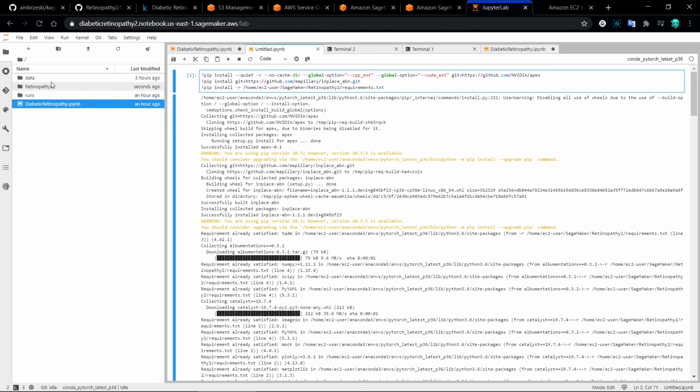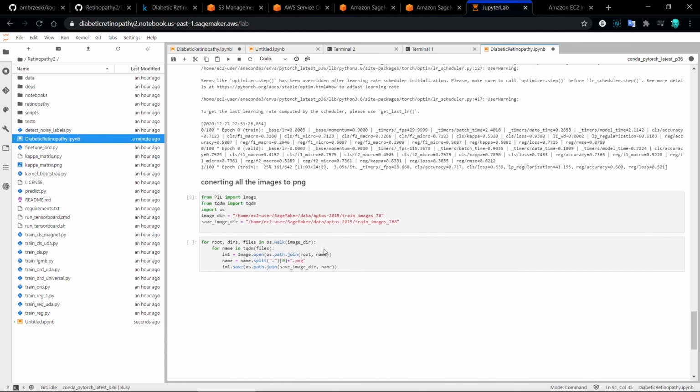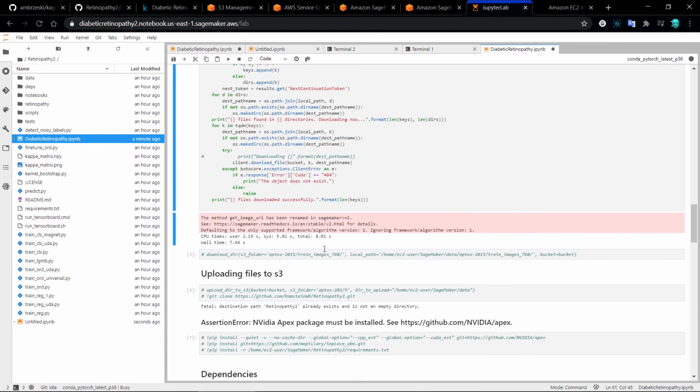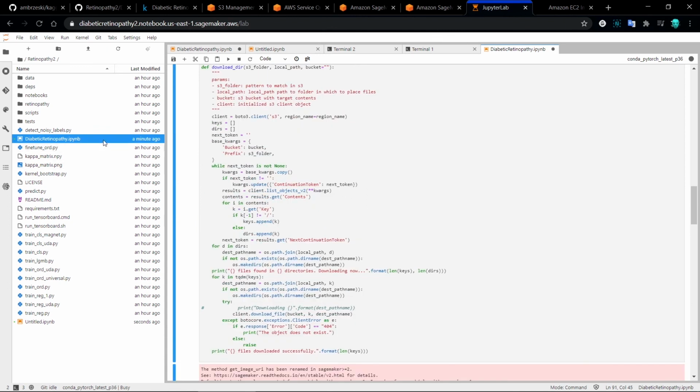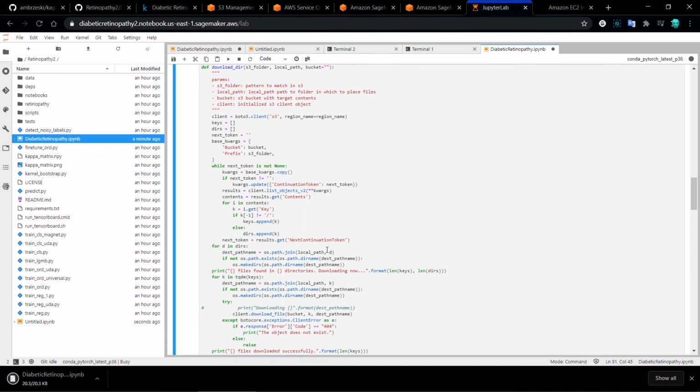We have saved it, and where it has been saved, it's not here. Surely it's in the retinopathy folder. This is untitled; we have to open this file, not this one. Diabetic retinopathy. We will upload these files manually. I'm not going to take this risk again. So download it, and it will be available here.